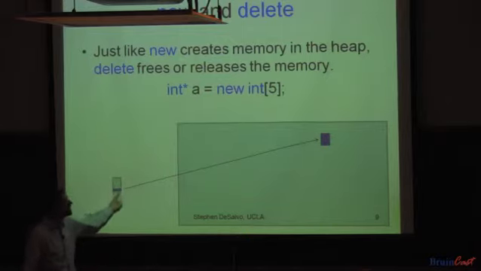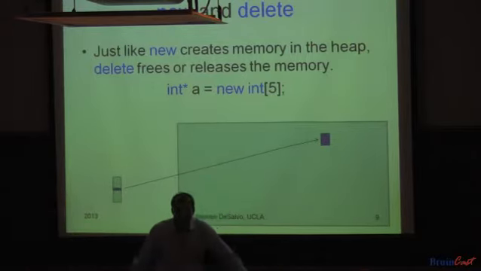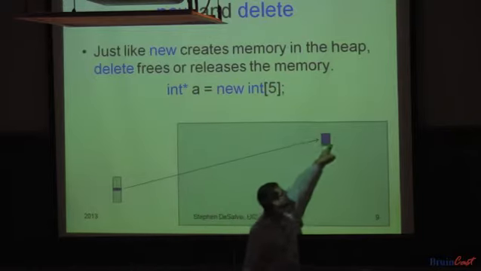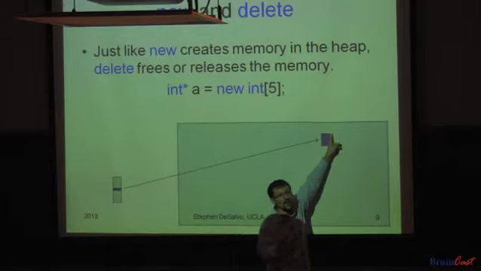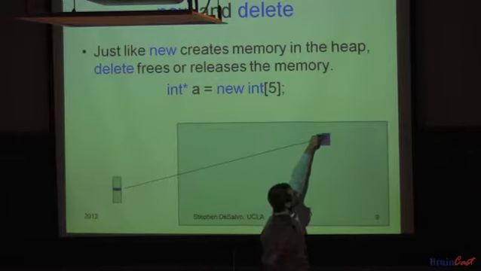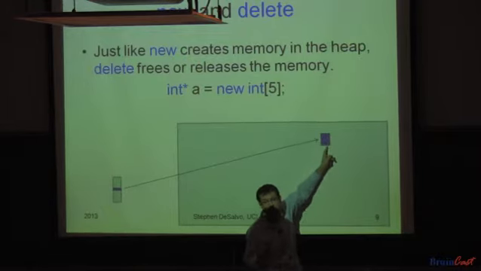When you write new int of 5, it allocates memory on the heap, exactly room for 5 ints, and it returns the address to the first one. Because it's an array, arrays store their memory contiguously, one right after the other. So all you need is a pointer to the first element, and you know exactly where the other elements are.